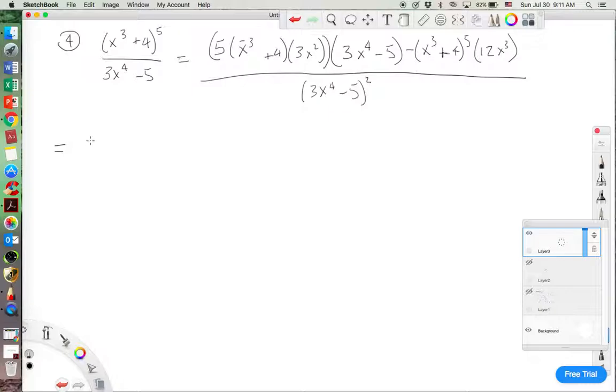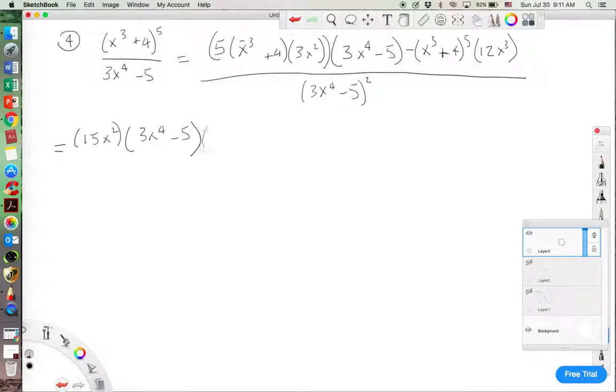Continue with the algebra, which might be the trickiest part here. As long as you get those product rule, quotient rule, and chain rule, a lot of times the algebra is the trickiest part. So we've got 15x squared times 3x to the 4th minus 5. Maybe we multiplied 5 by 3 to get 15 here. We've got that times this here.